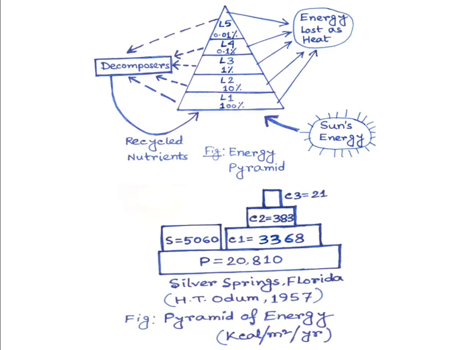calculated. We start off with the total amount of energy that the primary producers contain, which is indicated by 100%. As we go up one level, 90% of that energy is used in ways other than to create flesh.